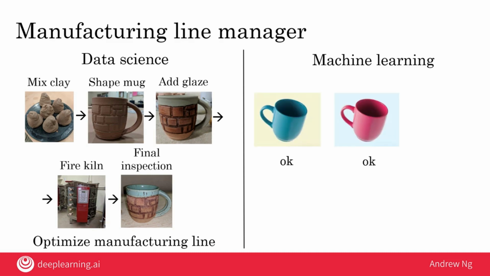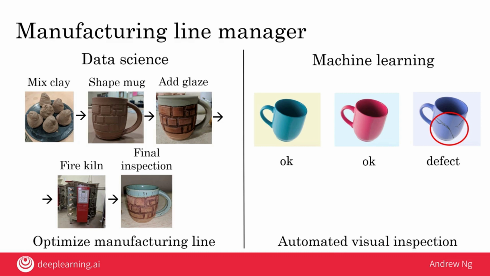So machine learning can take as input a data set like this and learn to automatically figure out if a coffee mug is defective or not. And by automatically finding scratches or dents, it can reduce labor costs and also improve quality in your factory.